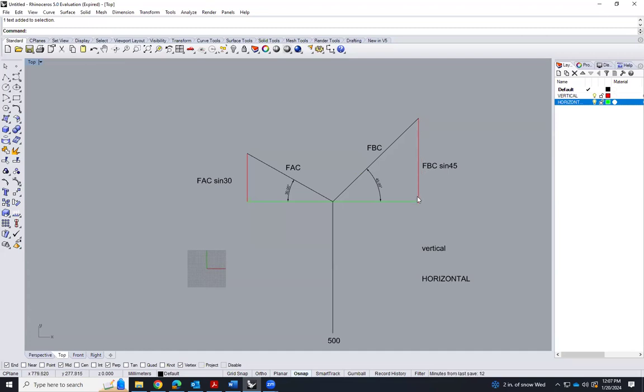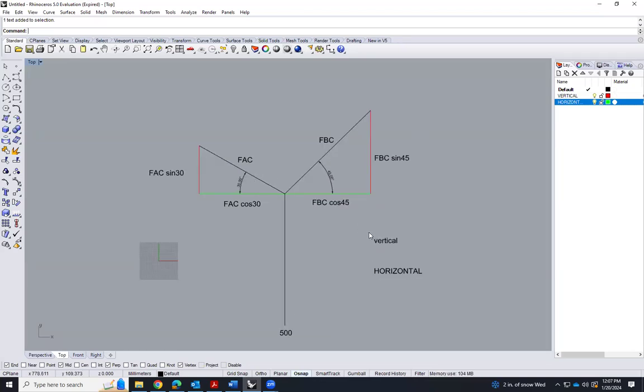If we want to calculate the vertical component of something, we have to multiply by sine. And if we want to calculate the horizontal component of something, what do we have to do? We have to multiply by cosine. So this is FAC cosine 30. And that will be FBC cosine 45. Okay.